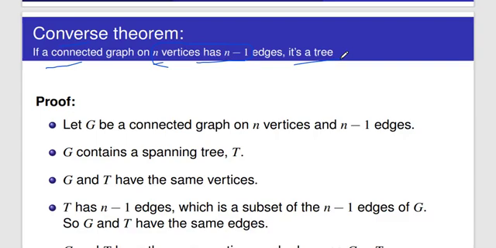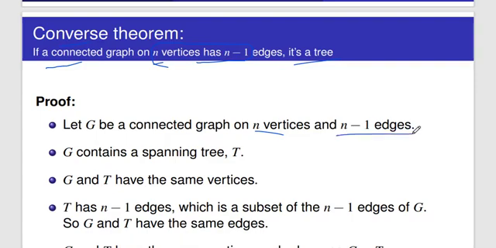We already know this is true, but how can we prove this statement mathematically? Let's assume G is a connected graph on n vertices and has n minus 1 edges.